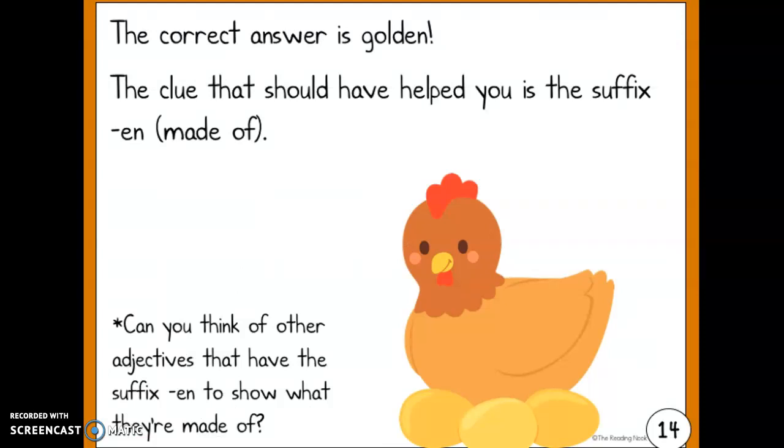The clue that should have helped you is the suffix en, which has the meaning made of. So then you would have known that that was golden. Okay, can you think of any other adjectives that have the suffix en to show what they're made of? An adjective that I thought of that ends with en that would show that something is made of something would be wooden.